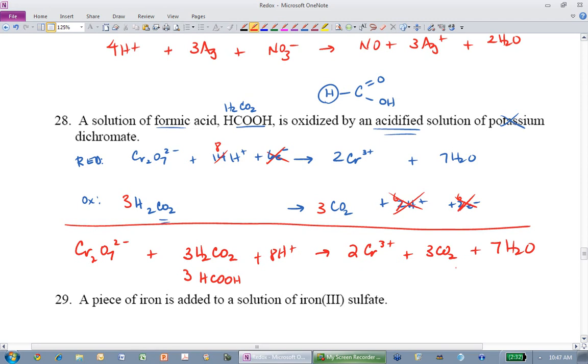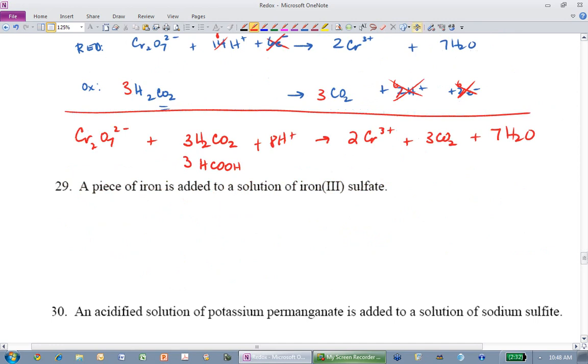Total charge on the right plus 6. Total charge on the left also plus 6, because the acid's neutral. I got a 2 minus on the dichromate, 8 hydrogens, plus 6 on each side.